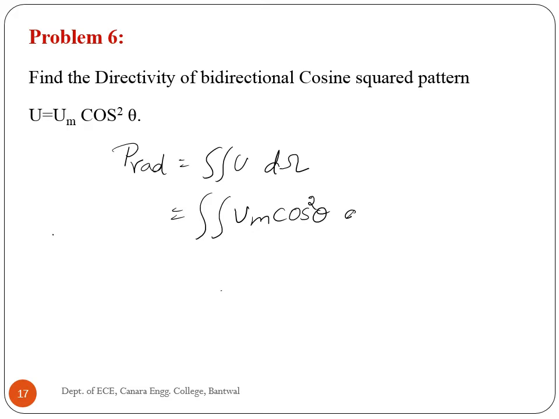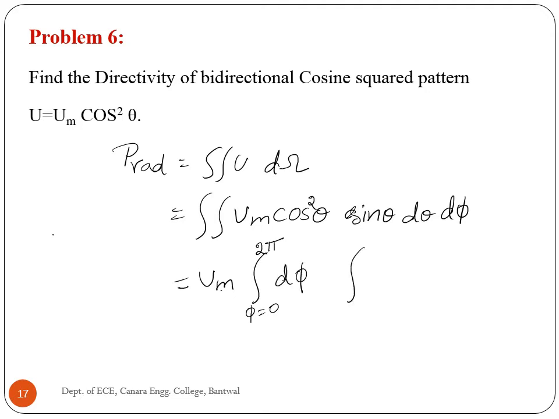D omega is sin theta d theta d phi. Phi equal to 0 to 2 pi d phi, and for the bidirectional cosine pattern, theta is equal to 0 to pi.